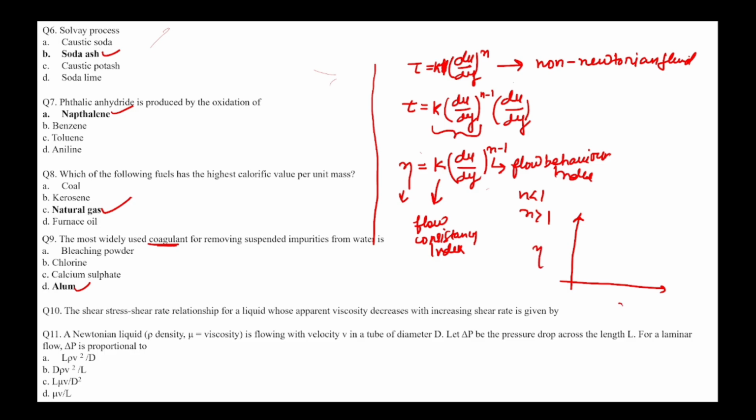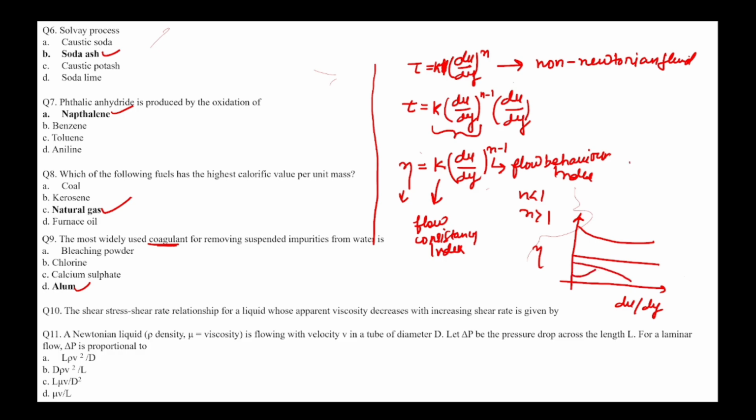Okay, so if I plot apparent viscosity against du by dy, then this is Bingham plastic, this is Newtonian, this is pseudoplastic, and this is dilatant.